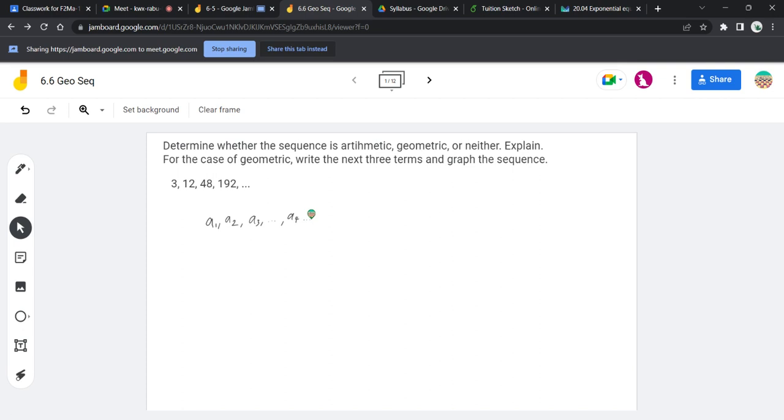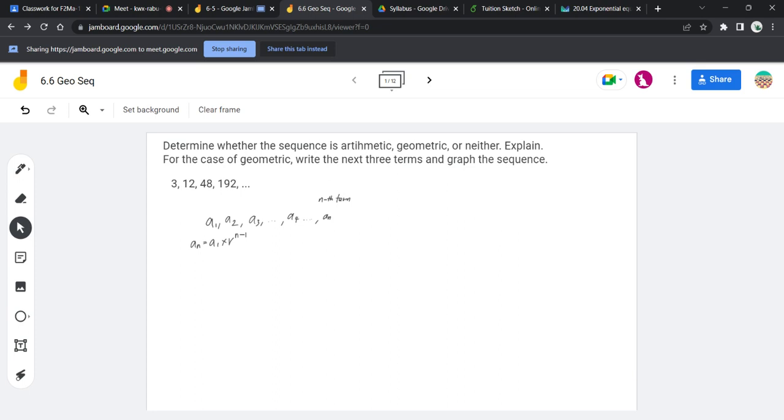So they are like A1, A2, A3, A4, where the n-th term we call AN. Okay, so a geometric sequence is when we have the an term equal to a1 times r to the power n minus 1.